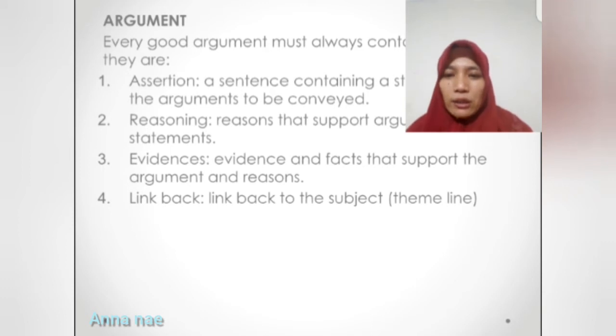Your argument should be conveyed with relevance or strong fact, and your argument must be supported by reason, also have evidence, supported by fact or other reason, and your argument must link back. What is the meaning of link back? Your argument must connect to the subject or the motion or the theme line.